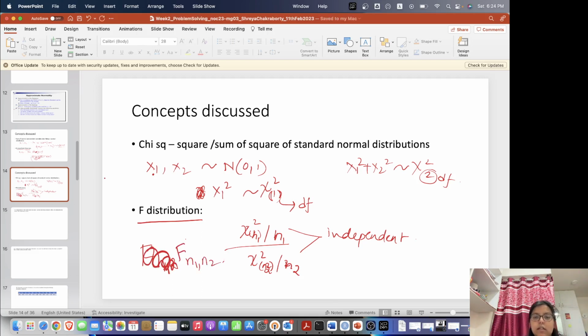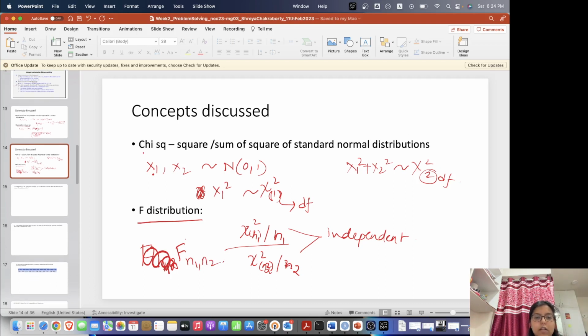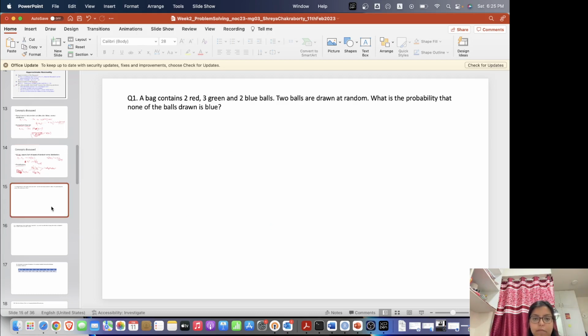This is a little advanced, but just keep in mind that chi-square is nothing but the sum of squares of standard normal variables, and F is nothing but the ratio of two independent chi-squares, each divided by its degrees of freedom.